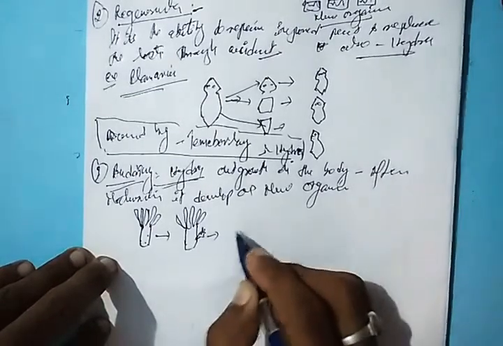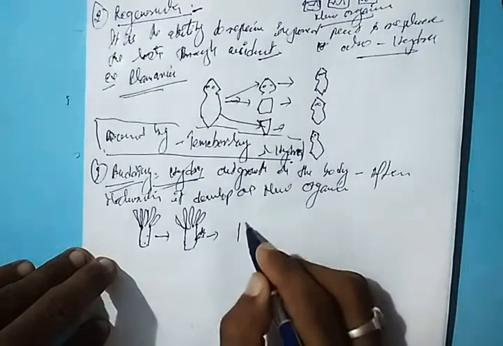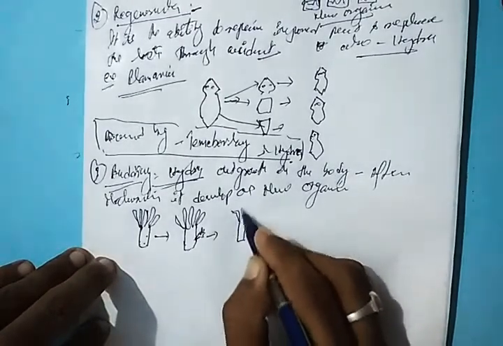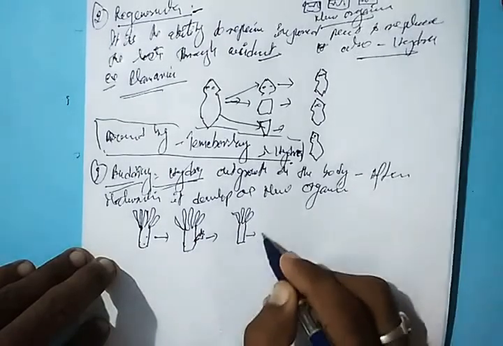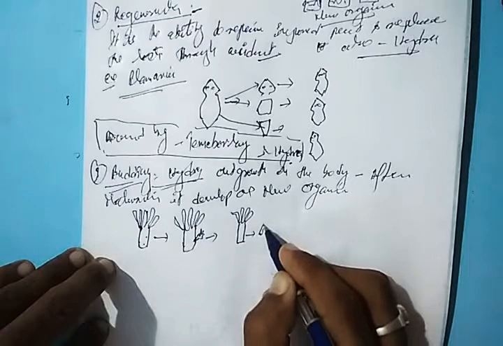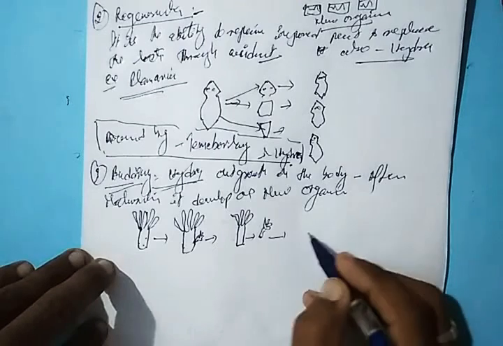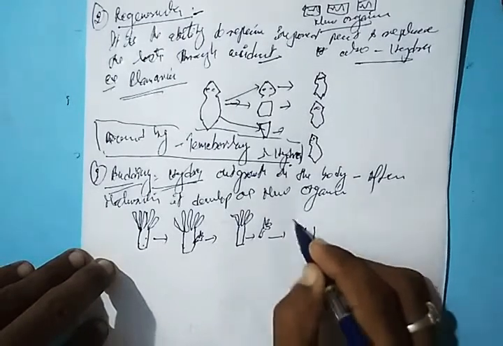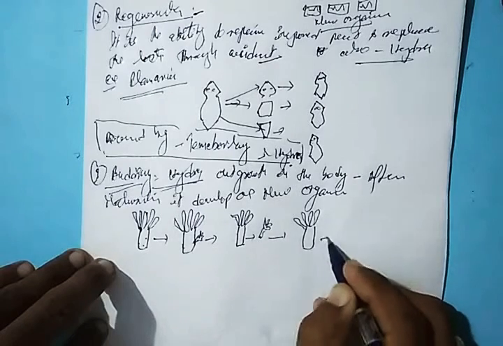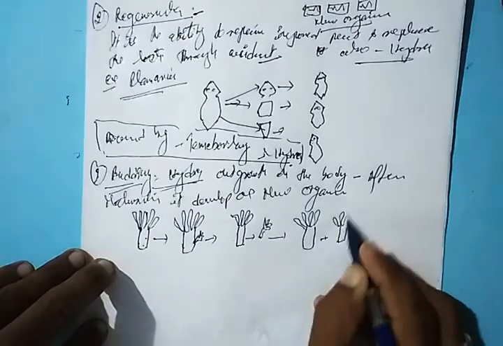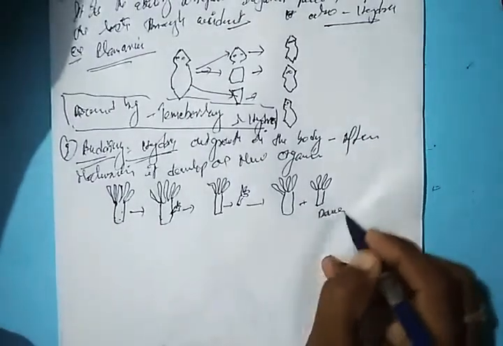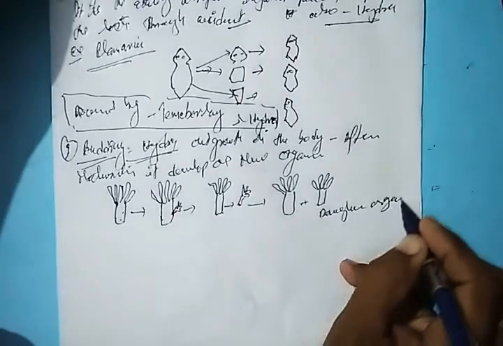After some time it matures and separates from the body of hydra and germinates as a new organism, the daughter organism. Okay, so it is the easiest thing.